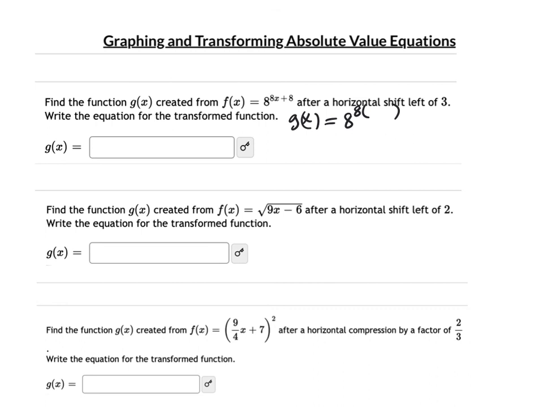Left 3 seems like it ought to be minus 3, but it's the inverse, so it's plus 3 plus 8. Then we'll distribute that 8 and combine like terms. So g of x will equal 8 to the 8x plus 24 plus 8. And my g of x then is 8 to the power of 8x plus 32.